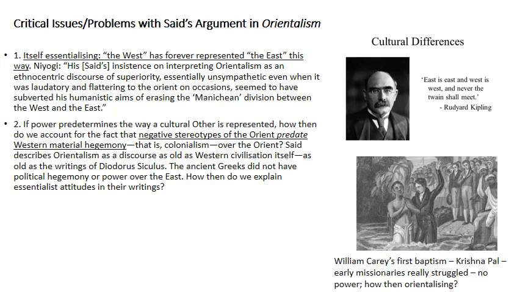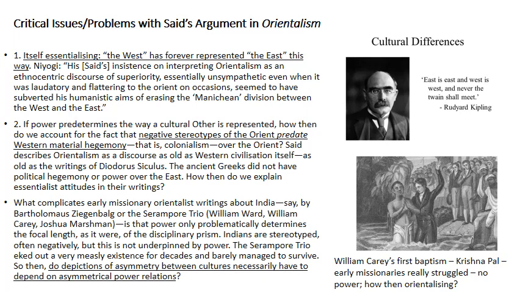So that's one problem. Number 3, and this is again something specific that I am pointing out based on my own study. But for instance, what complicates early missionary Orientalist writing about India, say by Ziegenbalg or the Serampore trio, William Ward, William Carey, Joshua Marshman, is that power only problematically determines, or only to some limited extent determines, the focal length, as it were, of the disciplinary prison.